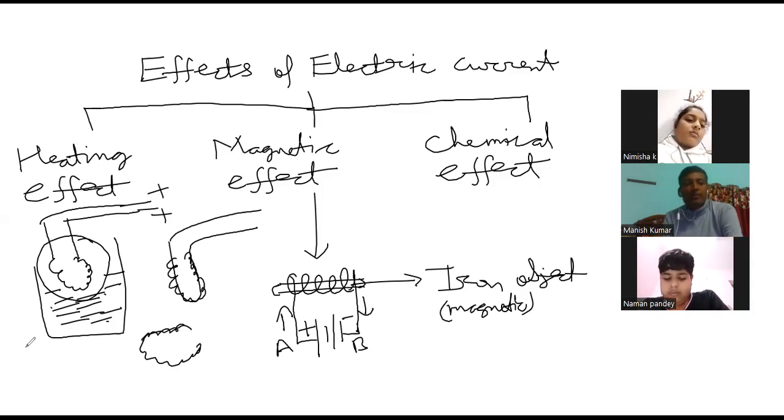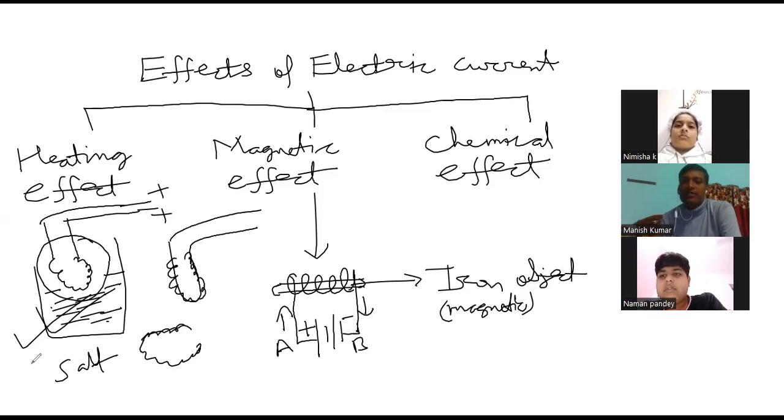Suppose take this example, the first one, heating effect. Whenever an immersion rod is used for boiling the water, you may be seeing some salt-like portion left in the bucket. Have you seen that? Is that not a chemical effect? So there are hundreds of examples.